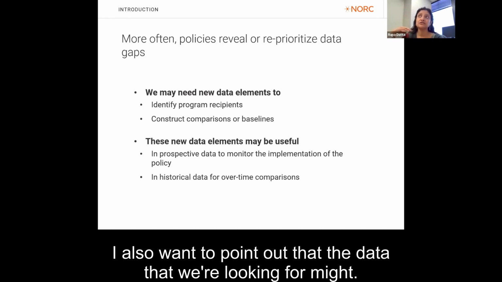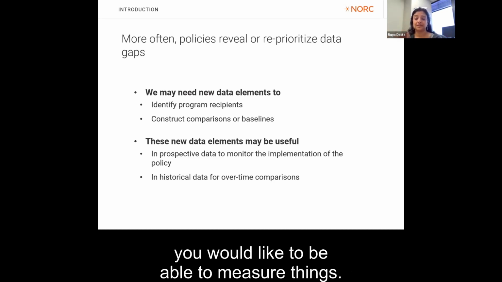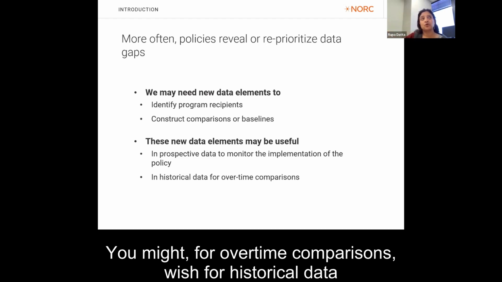I also want to point out that the data that we're looking for might be prospective. You'd like to, in the future, as the policy rolls out, be able to measure things. In some cases, you might also wish for it retrospectively. You might, for over-time comparisons, wish for historical data.